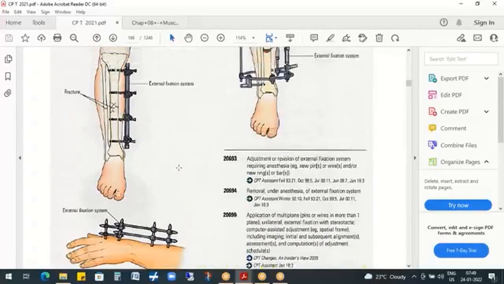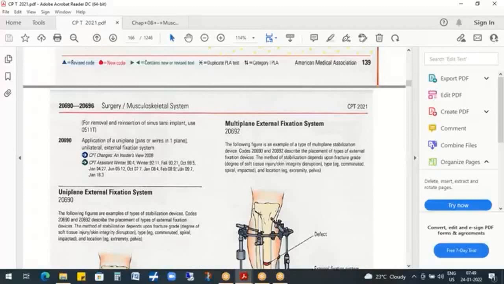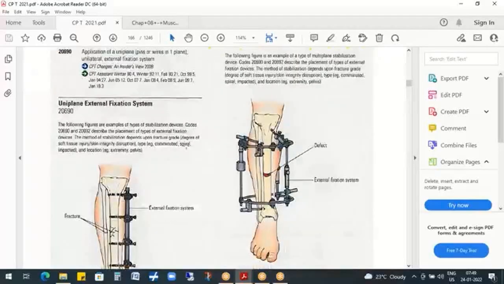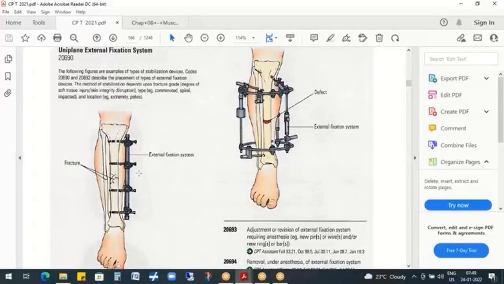Now, can you read the code description 20690? Application of a uniplane, pins or wires in one plane, unilateral external fixation system. You can see the leg diagram. On only one side they placed a rod, that is uniplane.